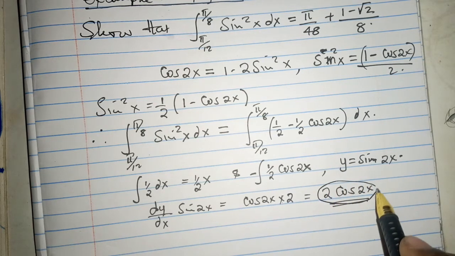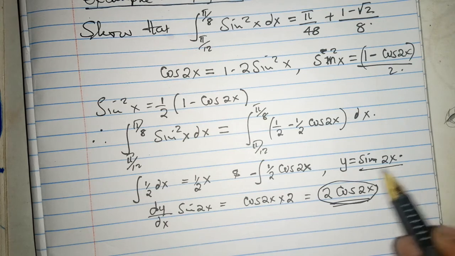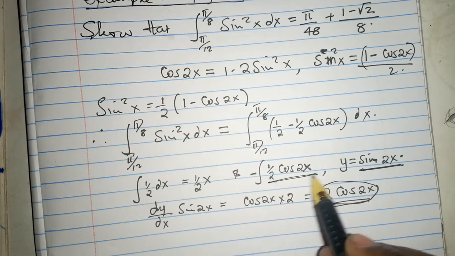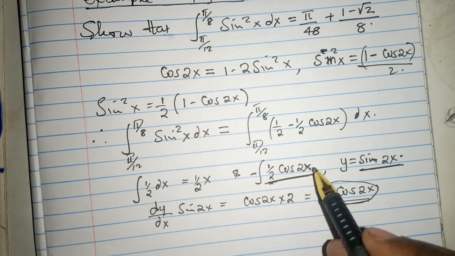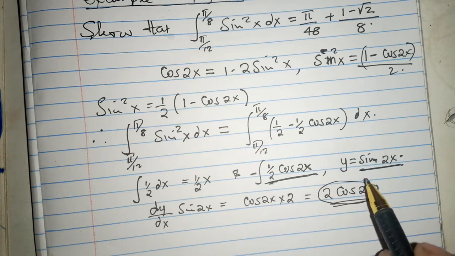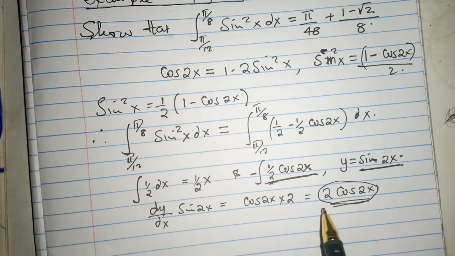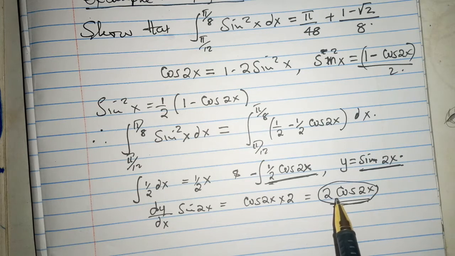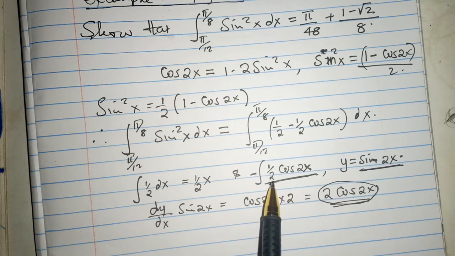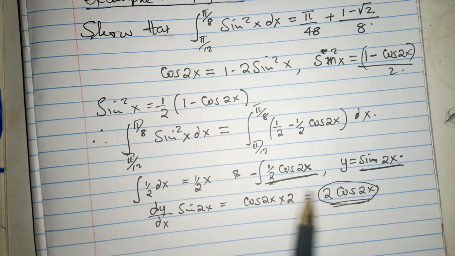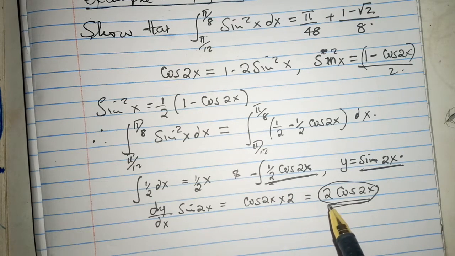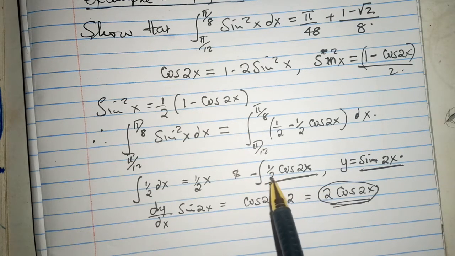This is what we got after differentiating what we suspected the function would have been. But what do we need? We need half cosine 2x, yet after differentiating sine 2x, we got 2 cosine 2x. So we got 4 times what we needed, because a half times 4 is 2.